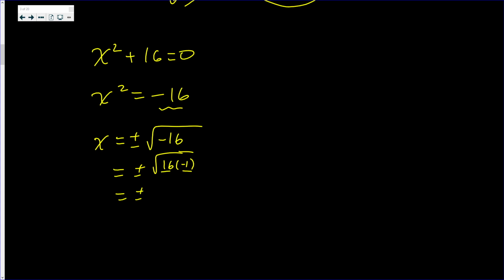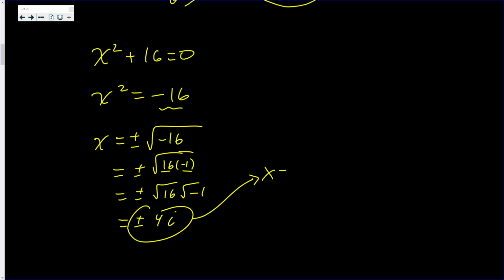As long as both of these are not negative, you can take the square roots separately. I know the square root of 16 is 4, and I know the square root of negative 1. These are the 2 answers. x can equal 0 plus 4i, and x can equal 0 minus 4i. Plus 4i, minus 4i. Complex conjugates. They come in pairs.